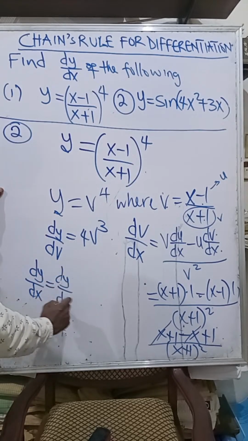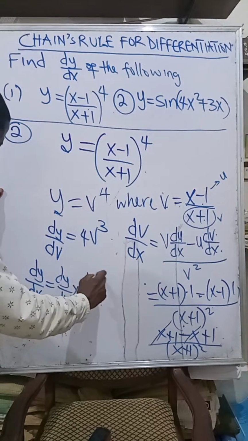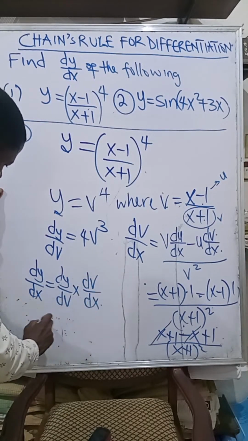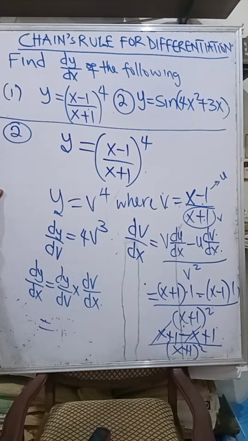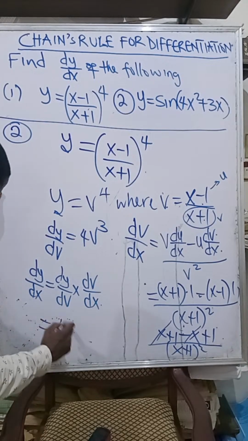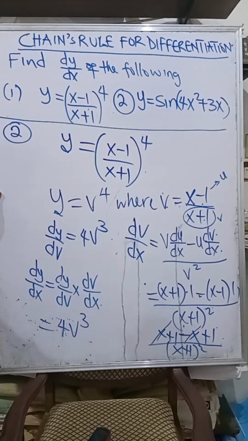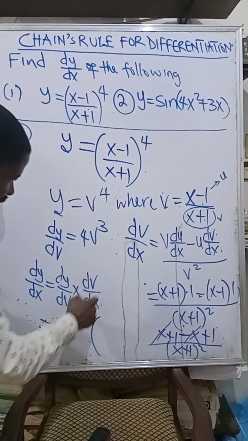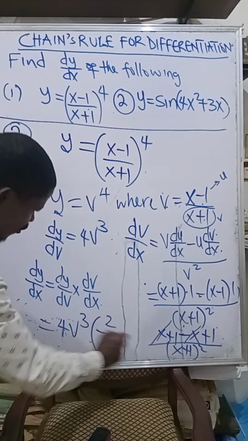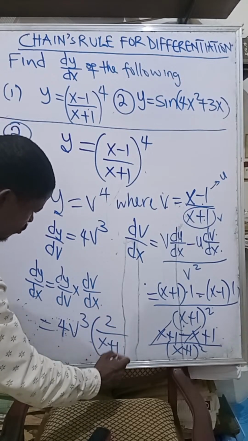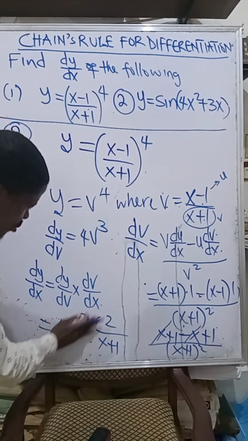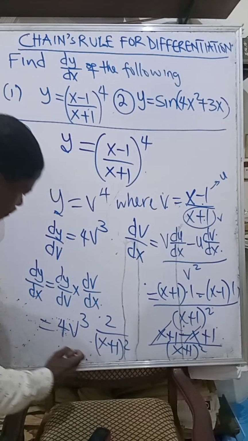So we can make substitution. dy/dv is 4v cube, and then times dv/dx, which is 2 over (x plus 1) squared.